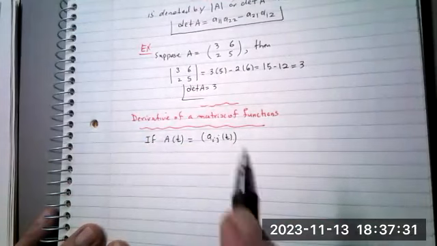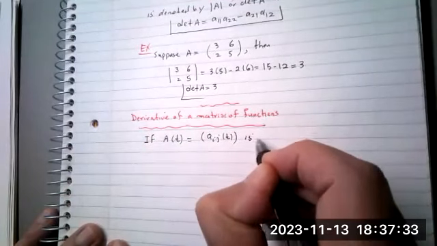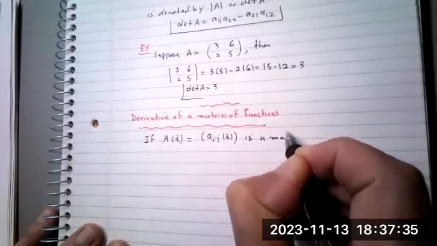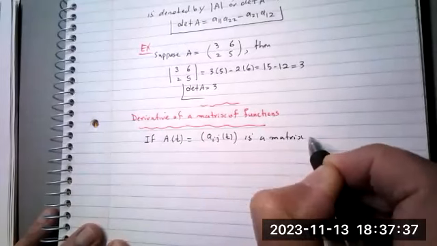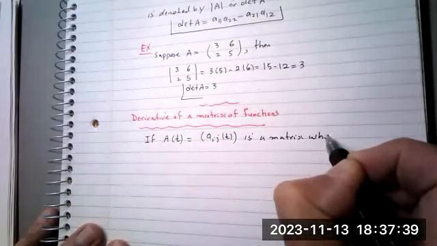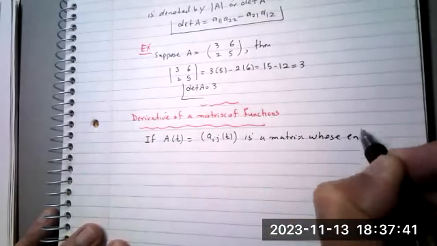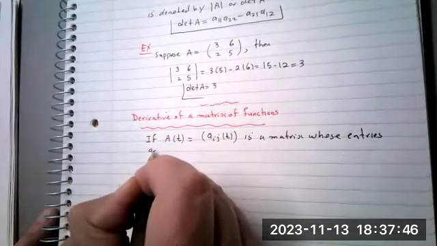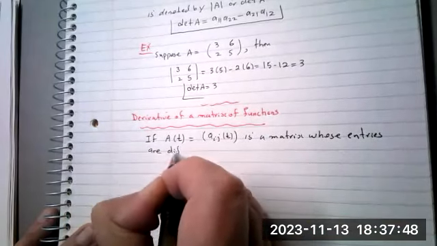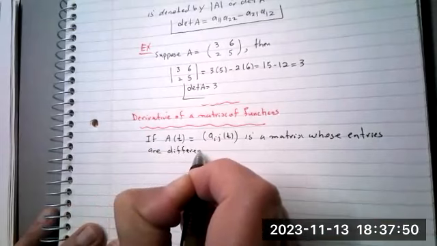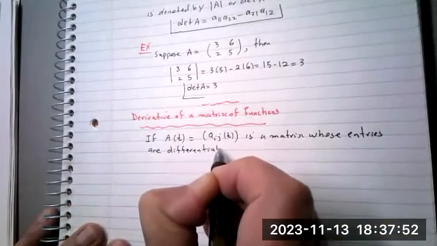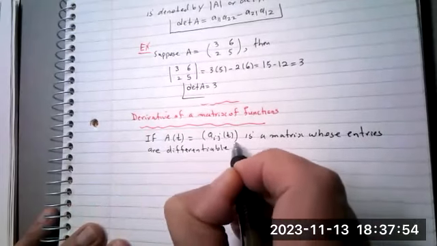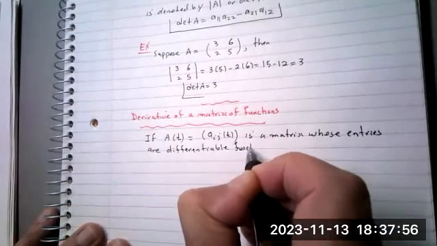So it is a matrix whose entries are differentiable functions. If they are differentiable functions, then you can differentiate it.